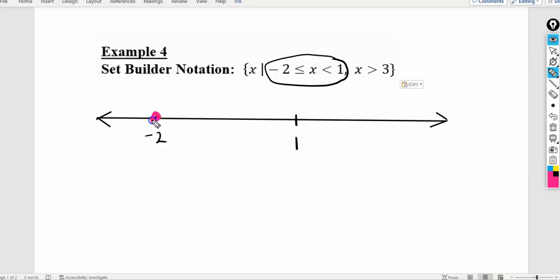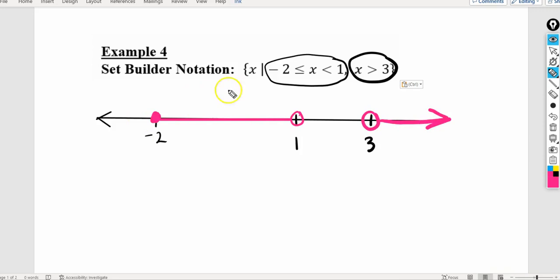So that's the part we've just now done. But we have a second part. x is strictly greater than 3, so I need to find 3. And I'm going to start at, but not include, 3. And then x is everything to the right of 3, where the arrow's pointing.